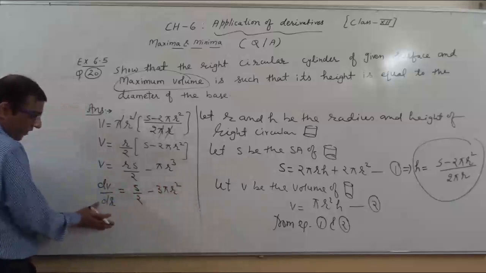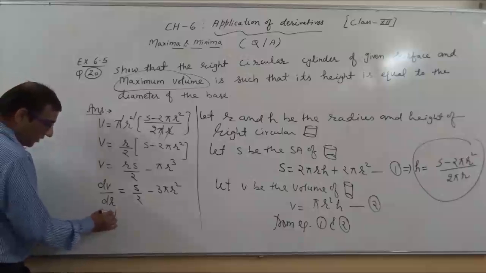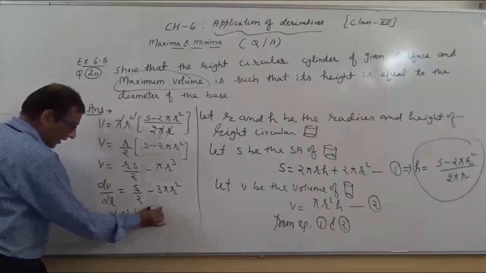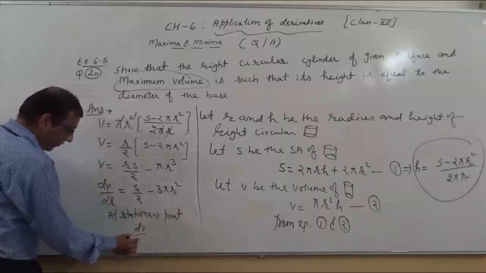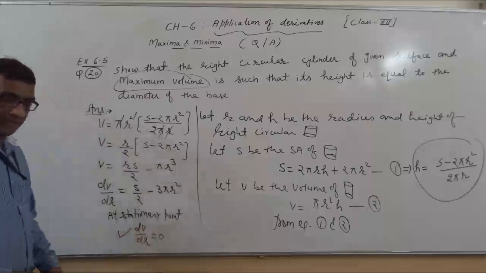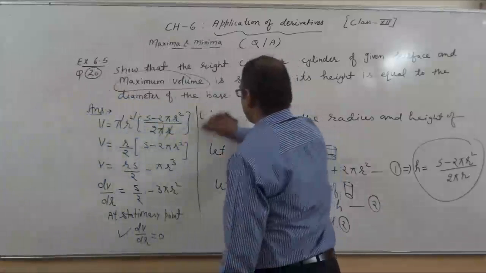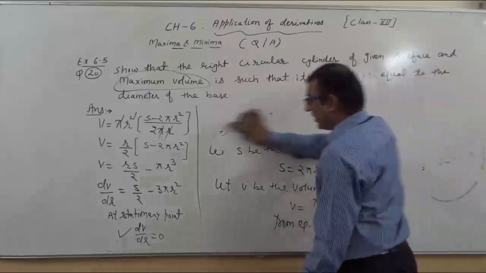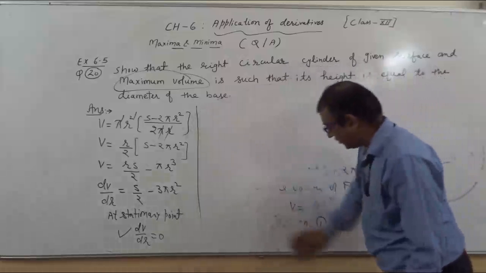This time we are differentiating V with respect to R. After this, at stationary point, we will put dV upon dR equal to 0.